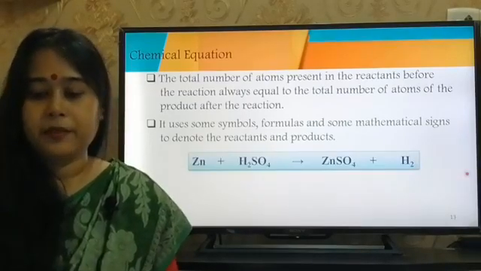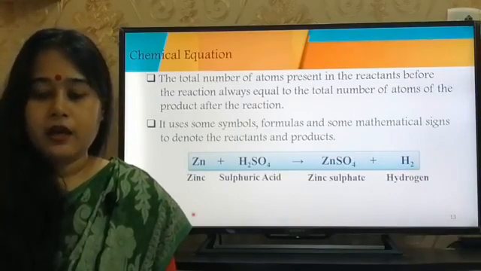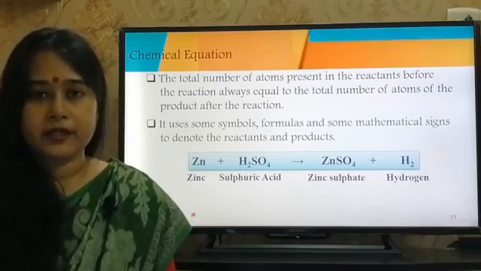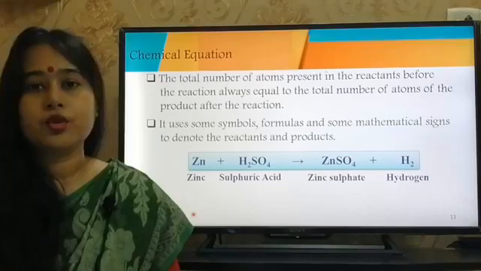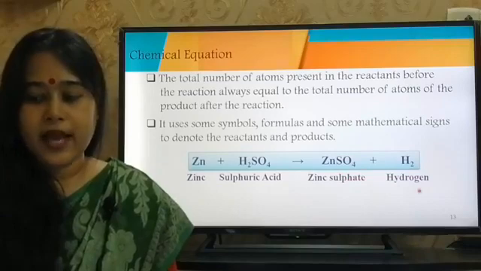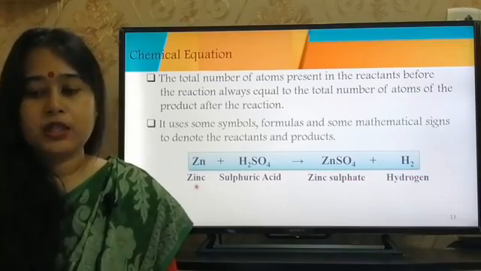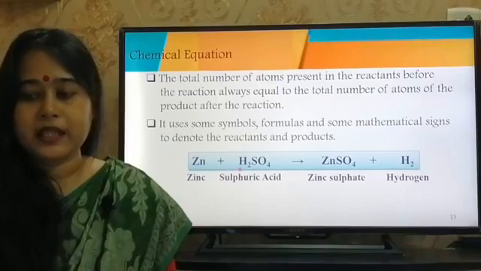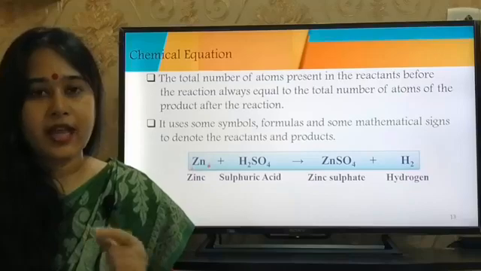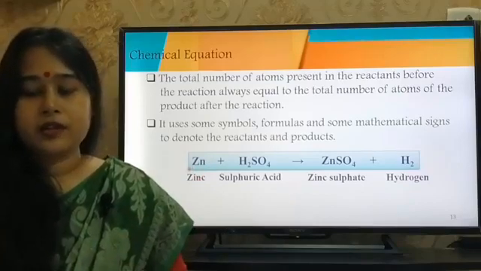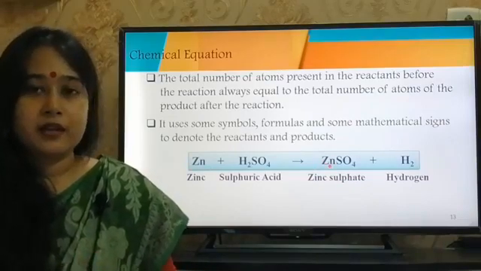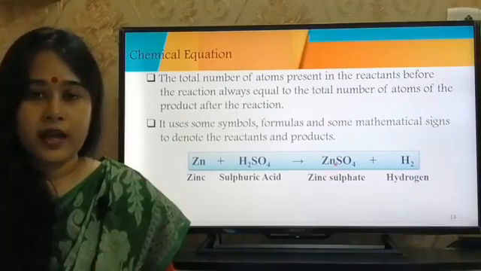Okay, let's see an example. Like we have two reactants here in this chemical reaction, zinc and sulfuric acid, and we also have two products in this chemical reaction, that are zinc sulfate and hydrogen. The total number of atoms present in the reactants before the chemical reaction: you can see here how many zinc atoms are there, 1 on the reactant side, and here in the product side you can also see 1 zinc atom.